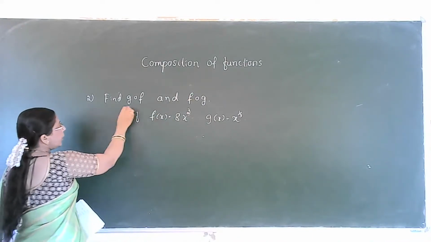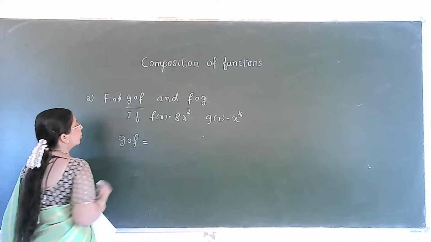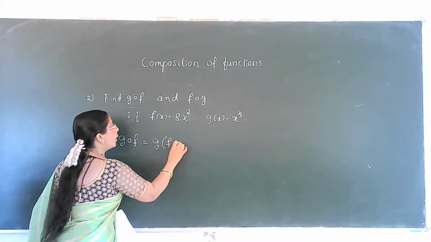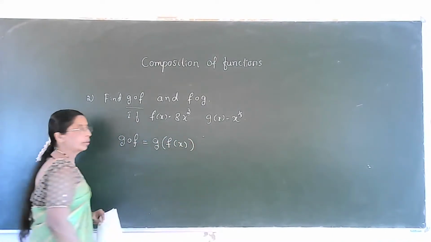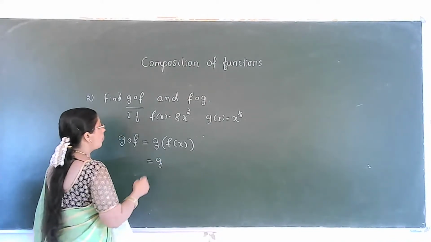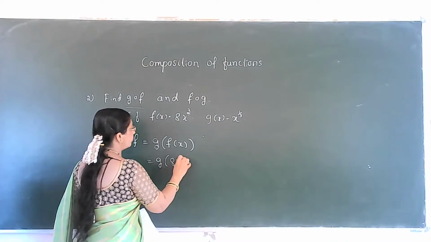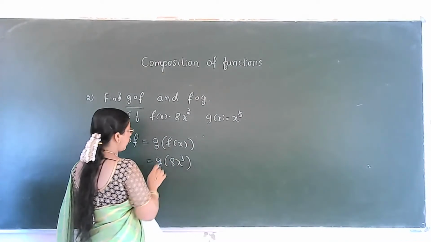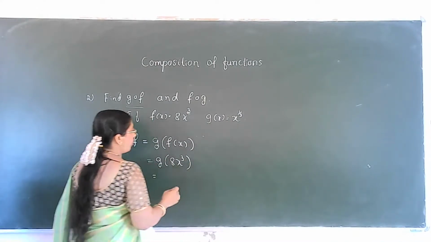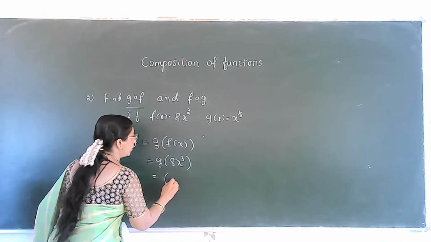Here also we find g composition of f. Here g of f of x is equal to g of 8x cube. Then put the value of 8x cube in the g function, which is x to the power 1 by 3.